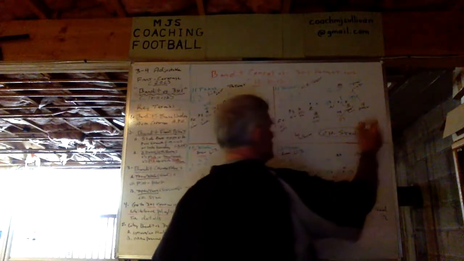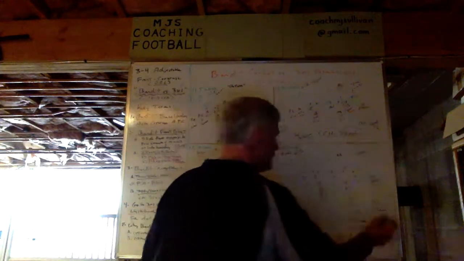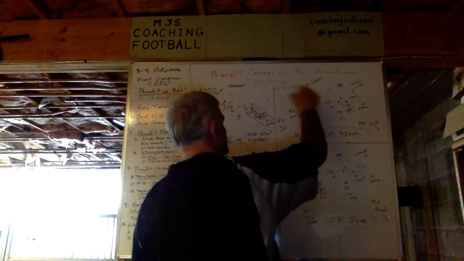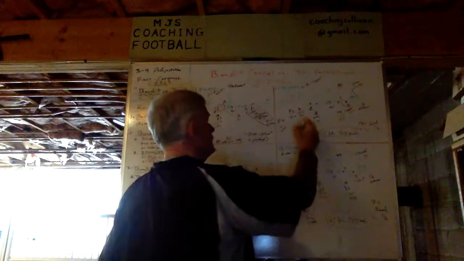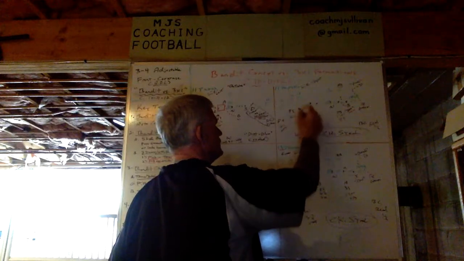So check steal. Boundary corner has a read half on both. The whip safety, see, they screw their formation heavily to one side, so we rotate with it. The whip is 3-2 vertical. The field corner is 2-1 vertical.